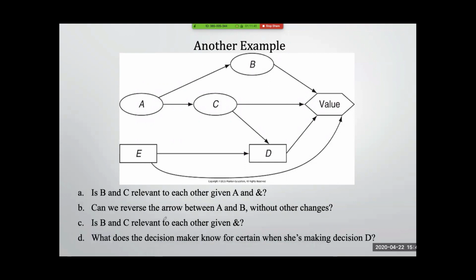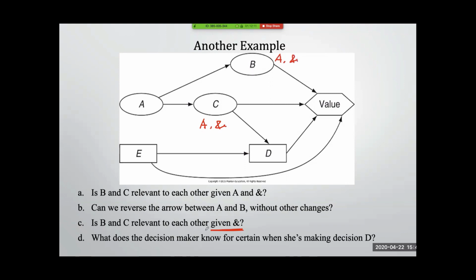Third question, are B and C relevant to each other given background knowledge? Again, start with the given part. Is this satisfied in the current diagram? The answer is no. C is conditioned on A and background knowledge. B is conditioned on A and background knowledge.